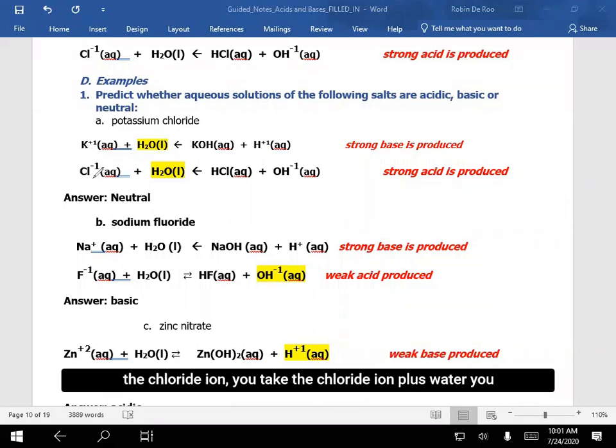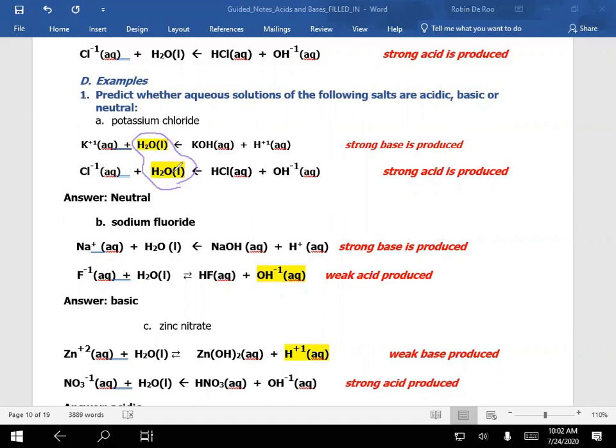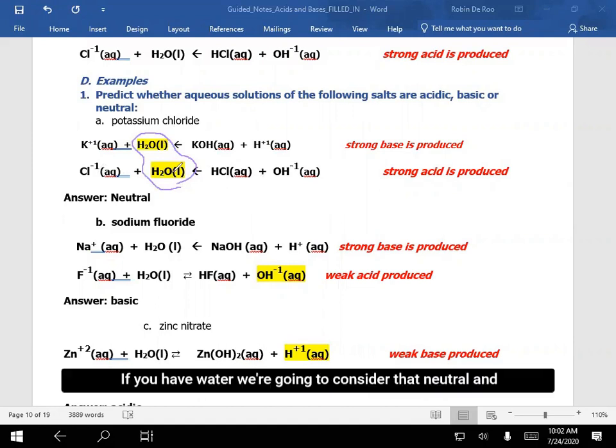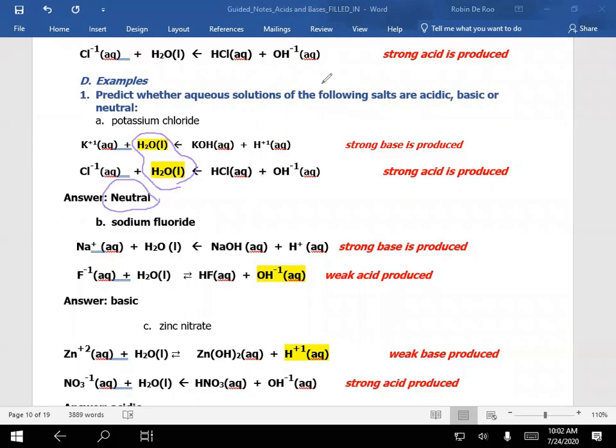You take the chloride ion plus water, you get hydrochloric acid, hydroxide, and they react and go backwards, so you have water. So all you have in this situation is these spectator ions plus water. If you have water, we're going to consider that neutral, and that's why your answer is neutral.